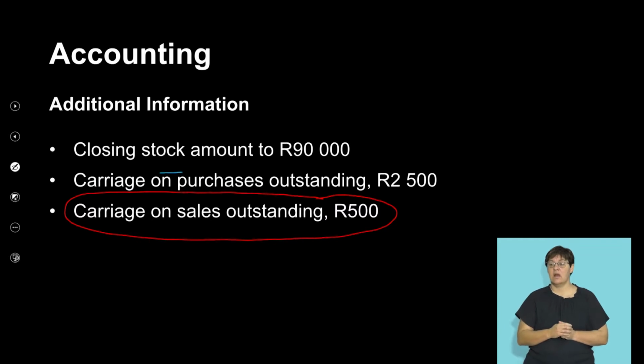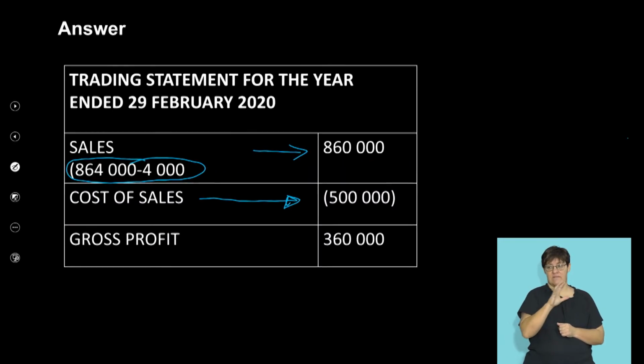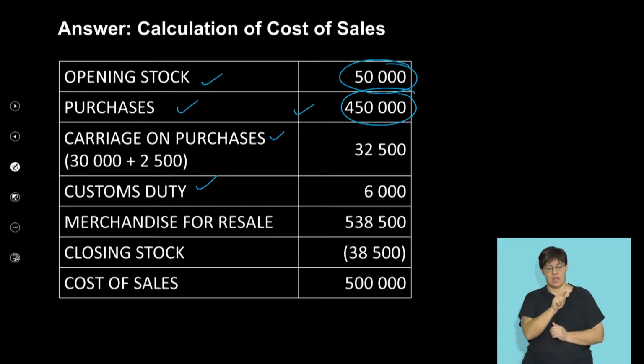Carriage on purchases outstanding, 2,500. So therefore, when you're doing your calculation, immediately you tell yourself, right, there's my carriage on purchases, the figure that's entered already, the 30,000. Therefore, there's my 30,000 as my starting figure. So I'm showing the calculation in a bracket.